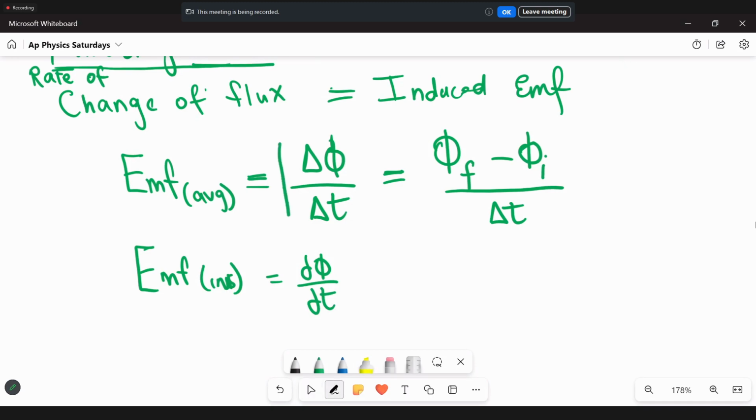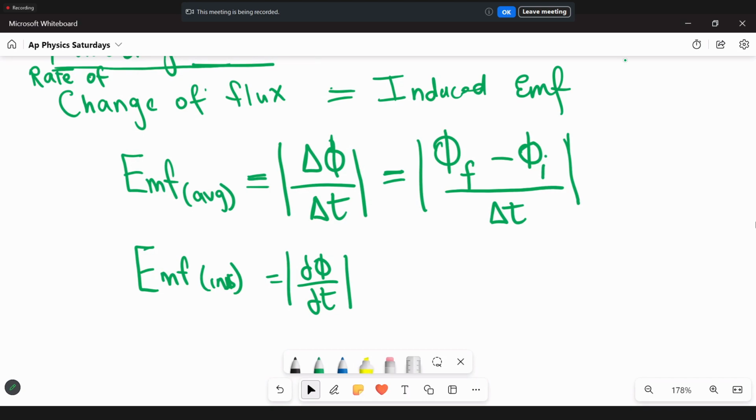By the way, we always put the modulus here because sometimes you get answers in negative, and negative means because of the direction. So always take the modulus value. Is it clear, guys? Yes. Okay. This is the EMF.